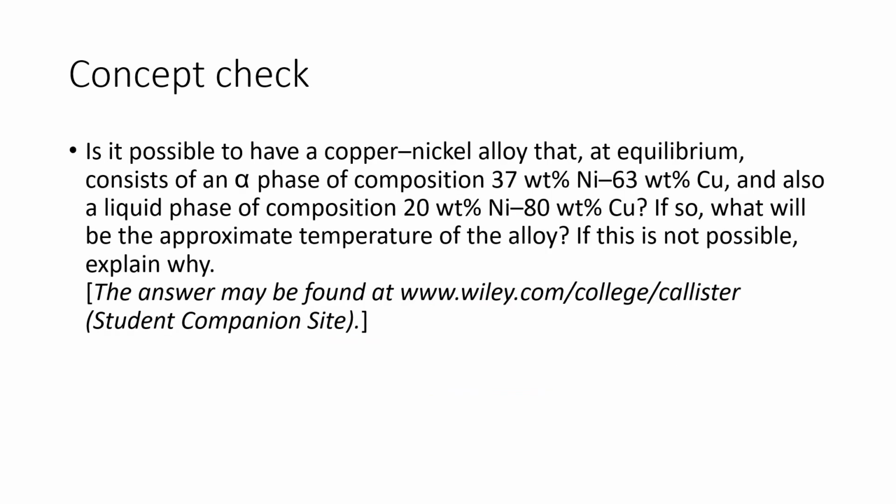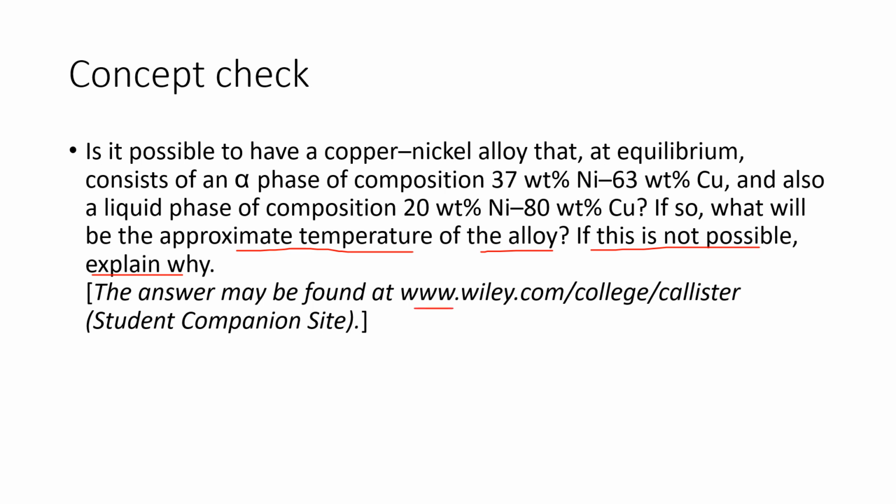Another concept check. Is it possible to have a copper nickel alloy that at equilibrium consists of an alpha phase of composition 37% by weight nickel and 63% by weight copper, and also a liquid phase of composition 20% by weight nickel and 80% by weight copper? If so, what will be the approximate temperature of the alloy?